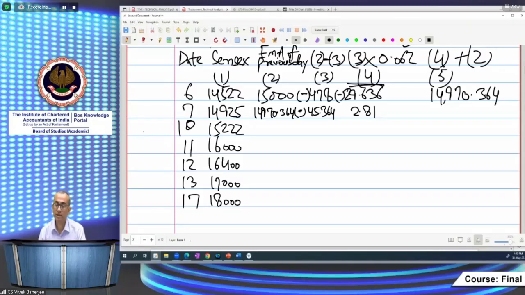Okay, multiplied by the exponent it is 2.81. This figure is actually a minus figure.